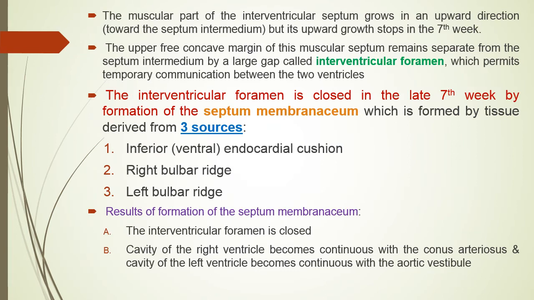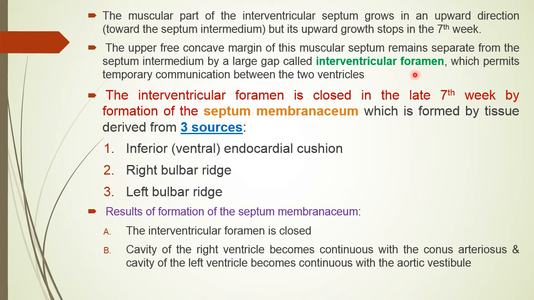So it grows upwards, but after the seventh week its upward growth stops, and there remains a gap between the fused endocardial cushions and the upper free margin of the growing interventricular septum. This gap is called the interventricular foramen, and this foramen permits temporary communication between the right and the left ventricle.